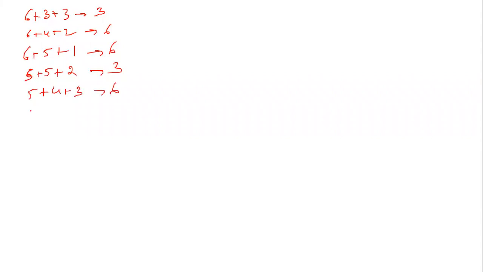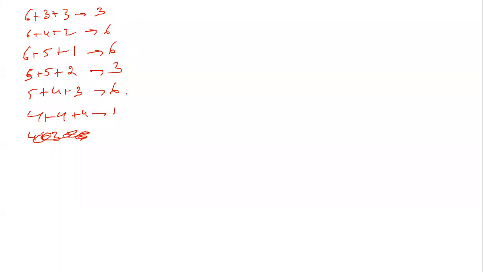Then 5 plus 3, 5 plus 4, 5 plus 3, 8. Okay, that is also done. Then what else? 4 plus 4 plus 4 is also one case. Then 4 plus 3 plus 5 has been taken care of already.